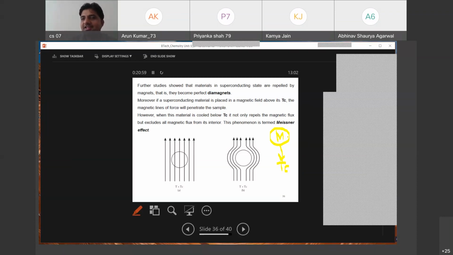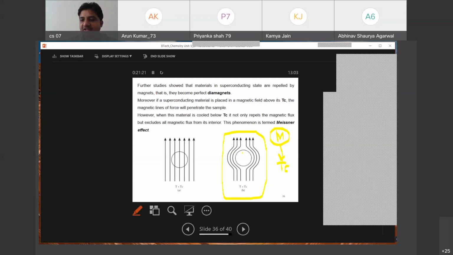And under this condition, if you keep this material in the magnetic field, in that case the magnetic field lines will be repelled by this material. See this figure B here.